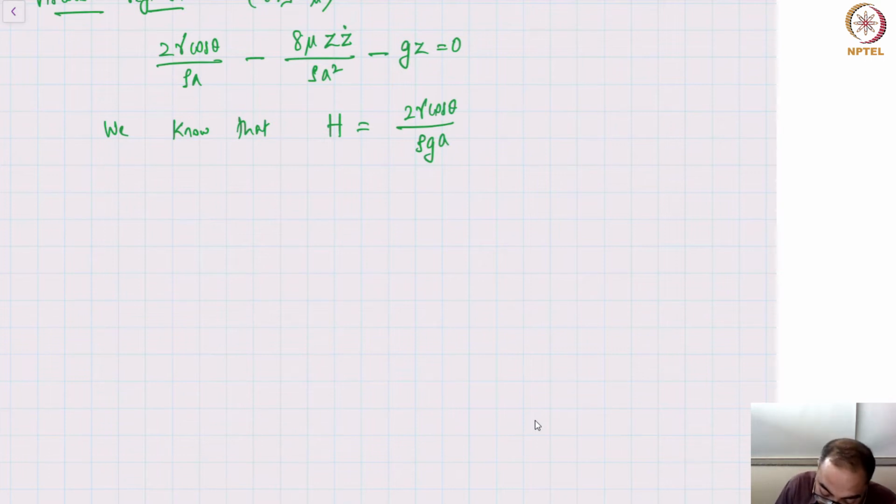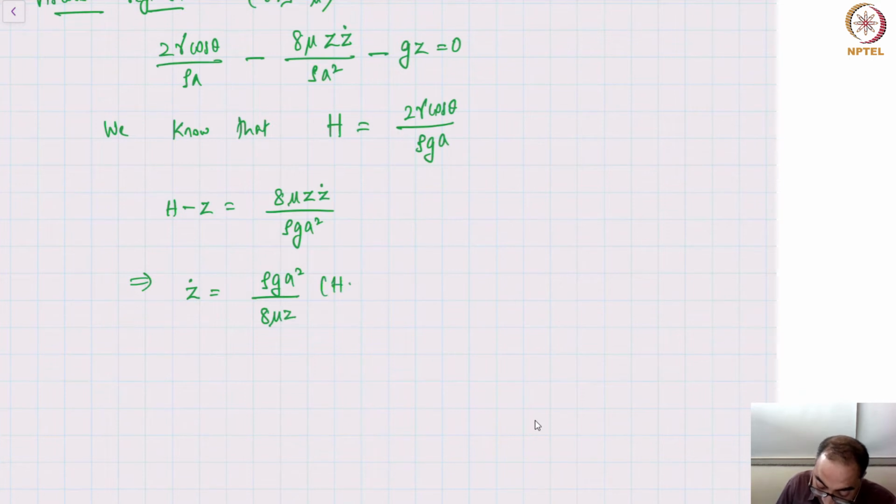We have h, the left hand side, minus z will be 8 mu z z dot by rho g a square, and therefore I have z dot will be rho g a square by 8 mu z of h minus z, and this will further give me rho g a square by 8 mu of h by z minus 1. This is the equation for z dot. Okay.